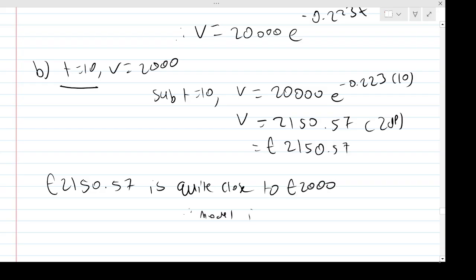Alternatively, you might think 2,150 is too far away from 2,000. If it's £150 off, it might be quite significant, so you could also argue it's not reliable because it's not close enough.